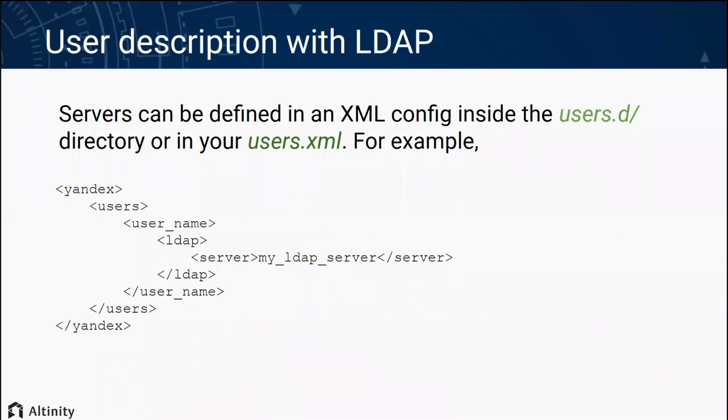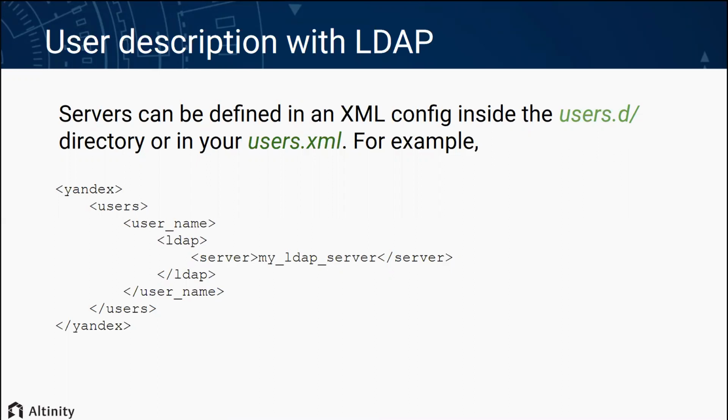Next one. Once you have your servers defined, it's very easy to switch users to use LDAP for authentication. You would go to your users XML, for example, if that's where you have your users. Then, if you have user underscore name, you would remove the password section and add the LDAP section, where you would specify which LDAP server you want to use to authenticate that user.